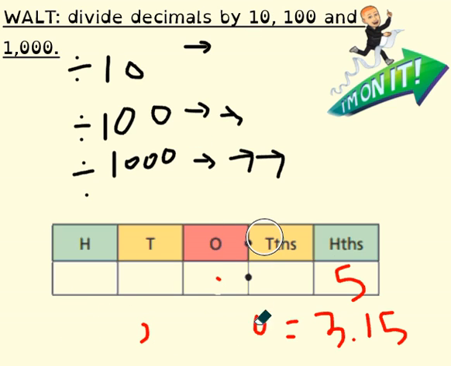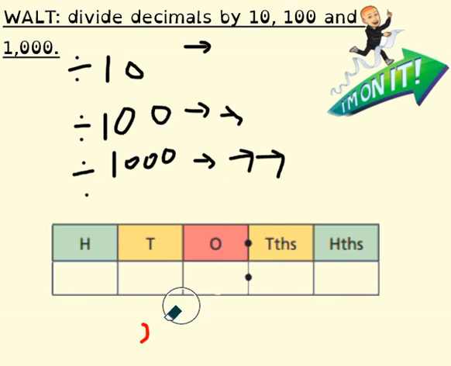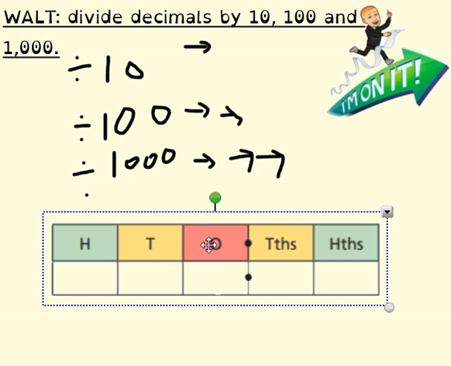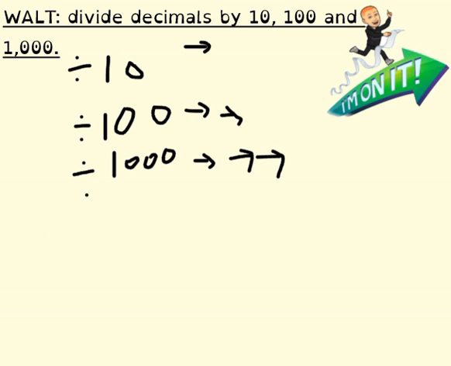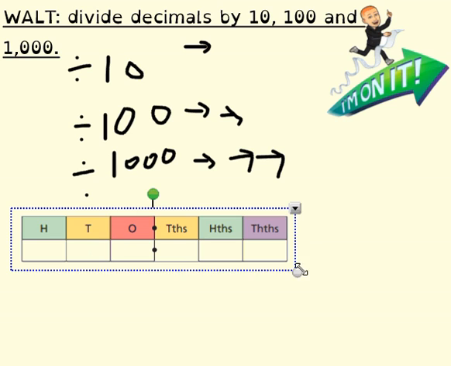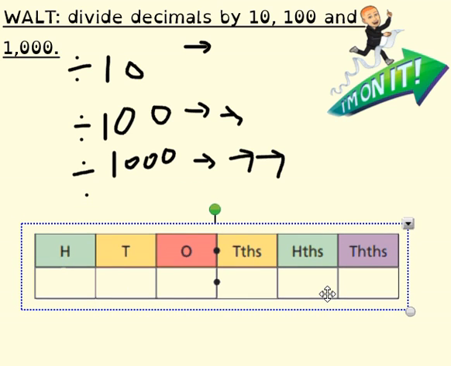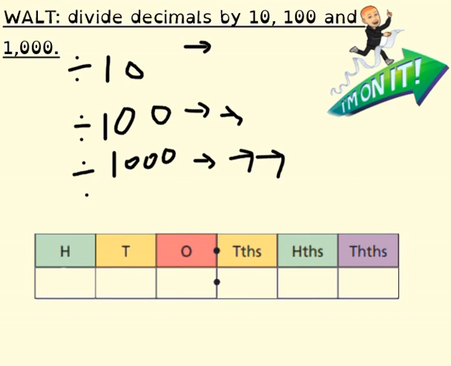We'll have a final example on dividing by 1,000. For this, I'm going to use a place value grid with thousandths in. Let's have the question 101 divided by 1,000. Write my numbers in.